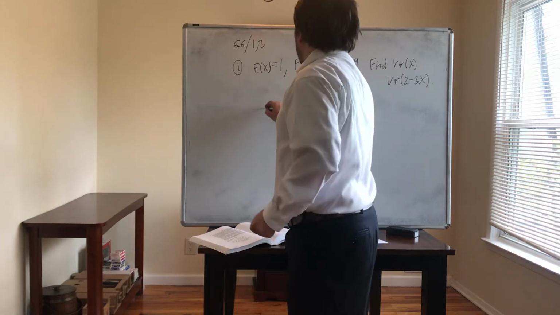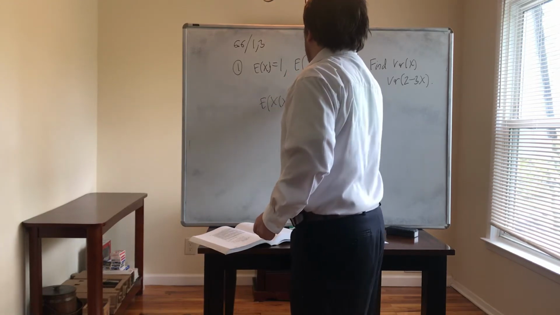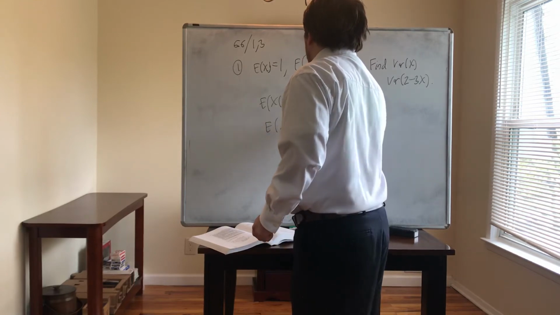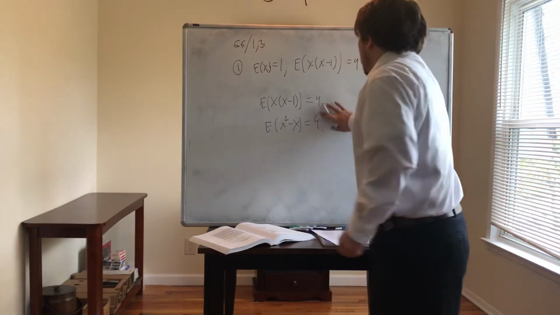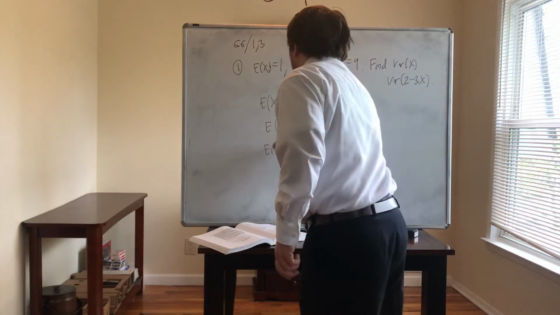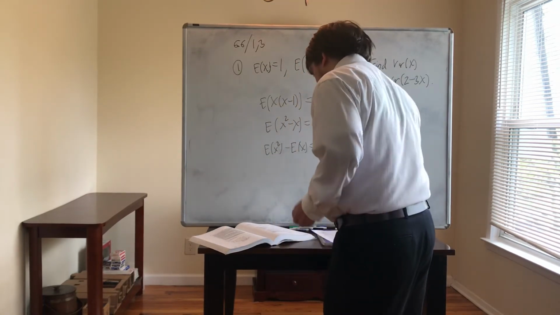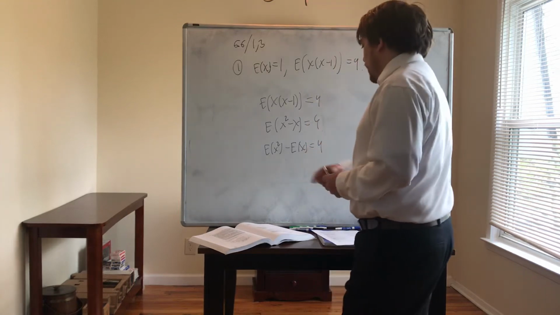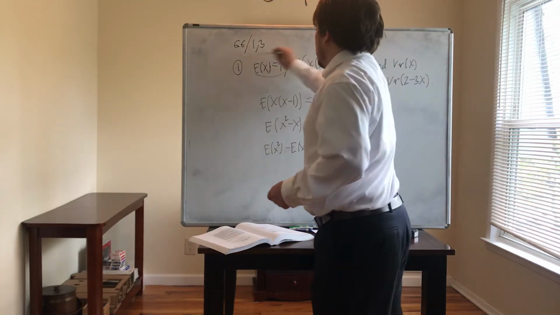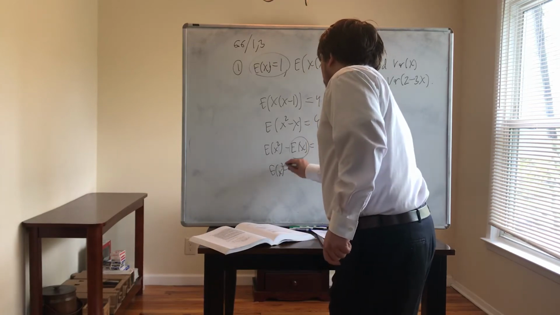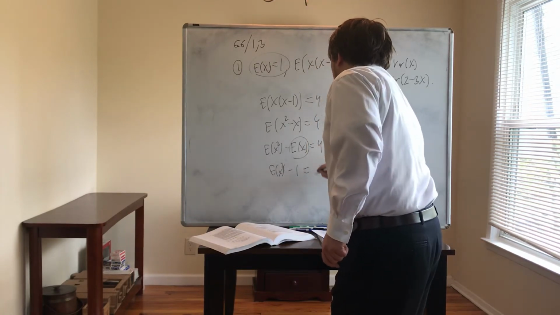Okay, so the fact that E of x times (x minus 1) is 4 means that E of x squared minus x is equal to 4. That means E of x squared minus E of x is equal to 4. E of x is 1 here, so E of x squared minus 1 is equal to 4.